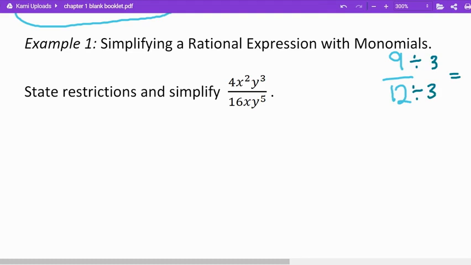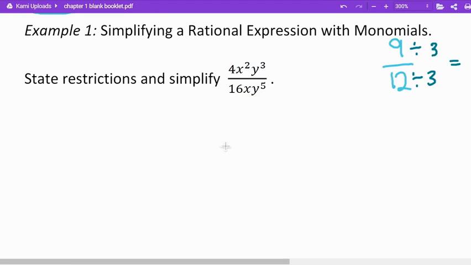And so my fraction, when I simplify it, meaning I have smaller numbers, I get 3/4. Now, 9 over 12 equals 3/4, right? It's still 75%. It's still the same value. So when we're simplifying fractions, we're not changing the value. We're going to simplify this fraction, but ensure that it still has the same value.